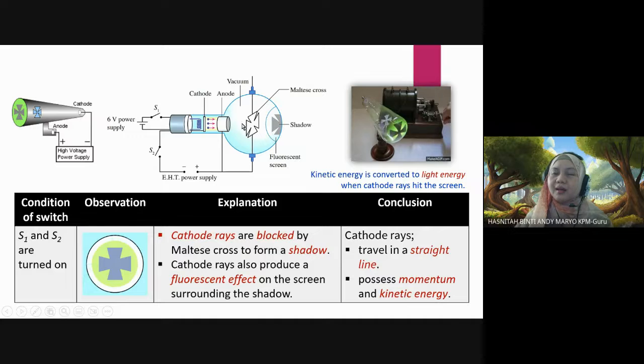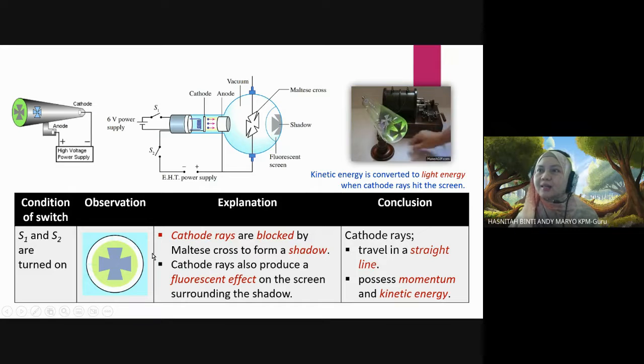Then they will reach the Maltese cross tube again. So what will happen then? The electrons will move at the edge of the Maltese cross. Now you will see a fluorescent green appear on the screen, as shown in this short animation.